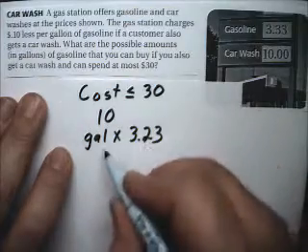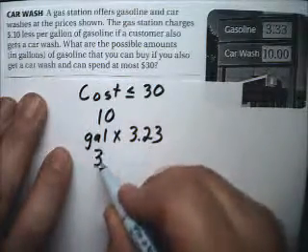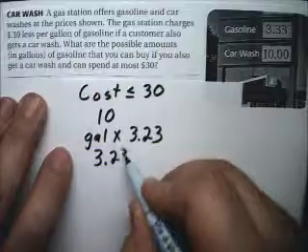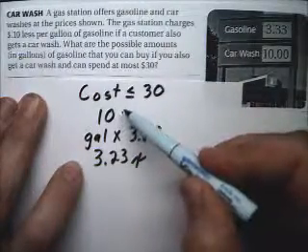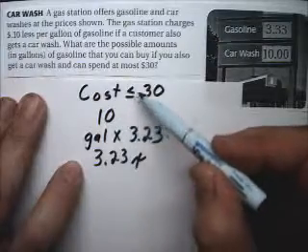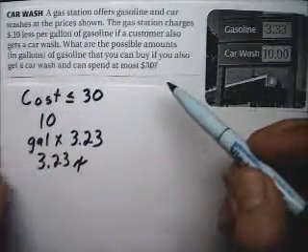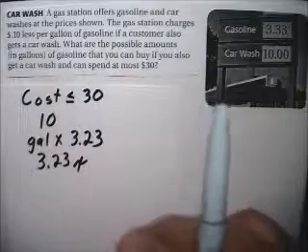So that's going to be 3.23x plus 10, and that's going to be the cost, and that's got to be less than or equal to $30.